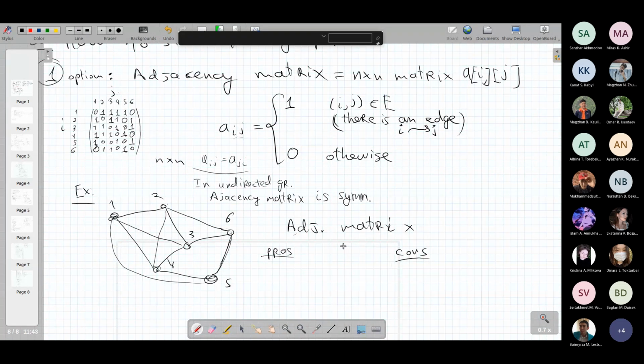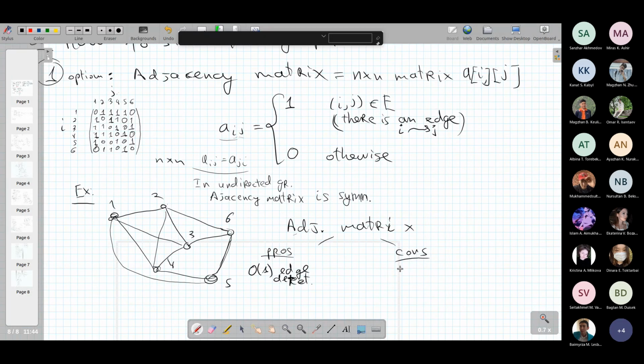The pro is big O of one edge detection. I can detect an edge between two vertices in big O of one time, just by checking if A of ij equals 1. This is the only advantage of the adjacency matrix, actually.